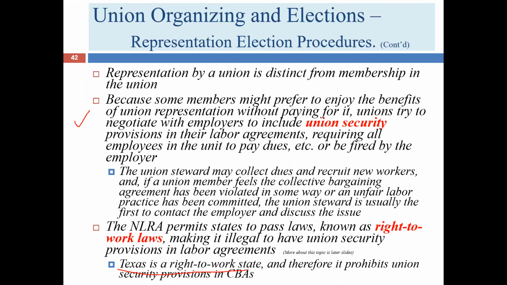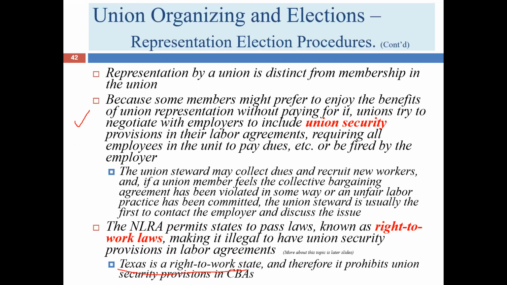So if I choose not to join the union, but I have a grievance, my supervisor violated the terms of the collective bargaining agreement, and I want to file a grievance against my supervisor, I am entitled to follow the same process, the union process that a union member would have. And the union is supposed to treat me exactly the same way that it would treat a union member.